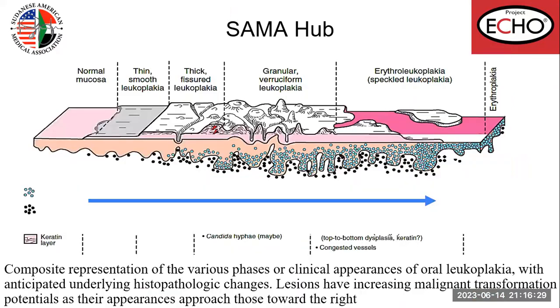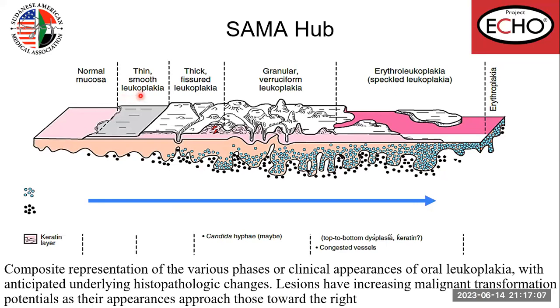In this picture here, we have a composite representation of the various phases or clinical appearances of oral leukoplakia with anticipated underlying histopathologic changes, just to give you an idea about what might happen progressively from the start to the end. The lesions have increasing malignant transformation potential as their appearance approaches the right. It starts from the normal mucosa here. Everything is fine. Epithelium thickness is as it should be.